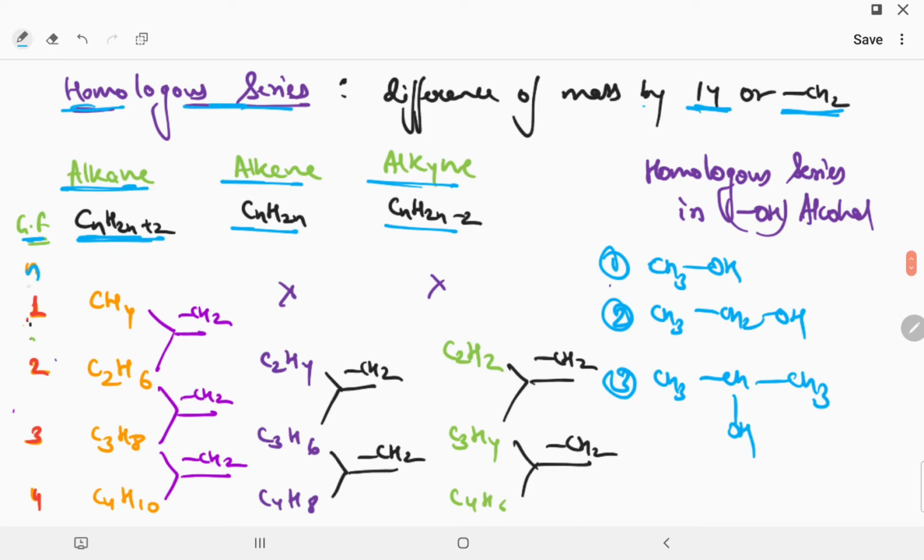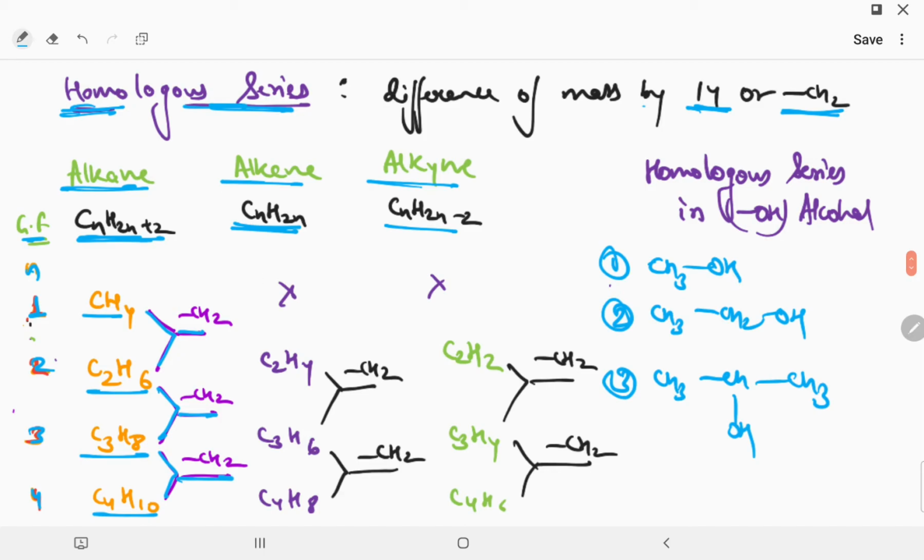Okay, now for n, the carbon number, when n is 1, we write CH4, 2 is C2H6, 3 is C3H8, 4 is C4H10. Now you can see that the difference is CH2 in each step, so this whole series is called a homologous series. Okay, now in alkene, we cannot start with 1 carbon.